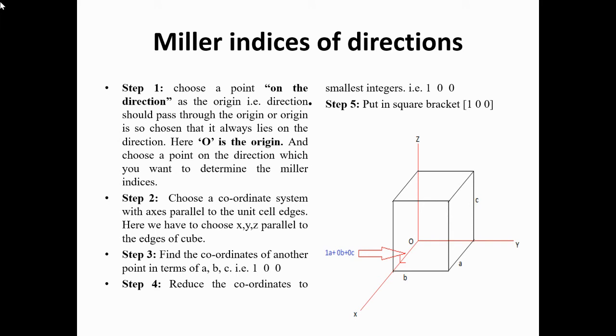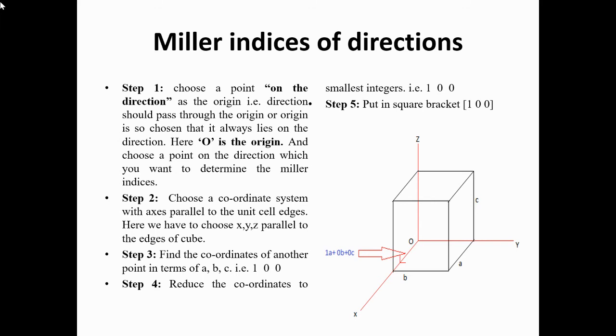Now step 2. Choose a coordinate system with axes parallel to the unit cell edges. Here, as the direction is coming towards the x-axis, we choose the parallel axes x, y and z, which are parallel to the unit cell edges. x is parallel to the unit cell edge a, y is parallel to the unit cell edge b and z is also parallel to the unit cell edge c.